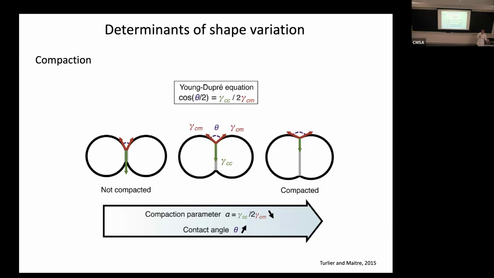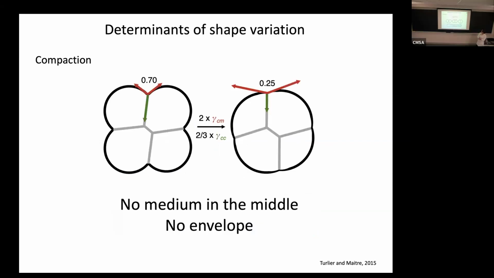As Akanshi was saying yesterday, what determines how compact a group of cells is? It is how adhesive they are to one another: how much they like to stick to each other, and how much they don't like to be in the medium they're in. If they really don't like that, they will compact a lot more and try to minimize the surface to make a nice sphere, because that's the shape that minimizes the surface to the outside.